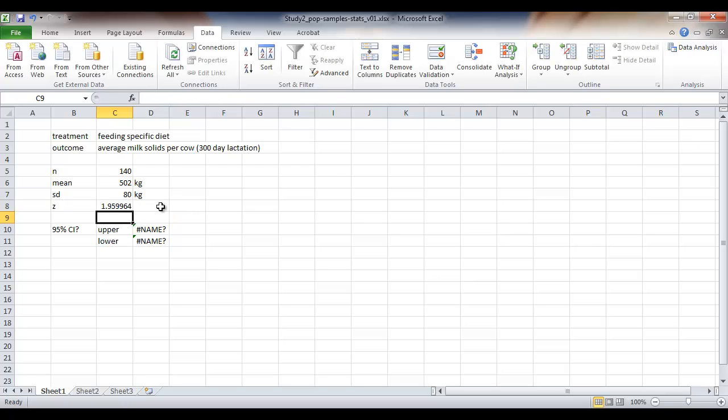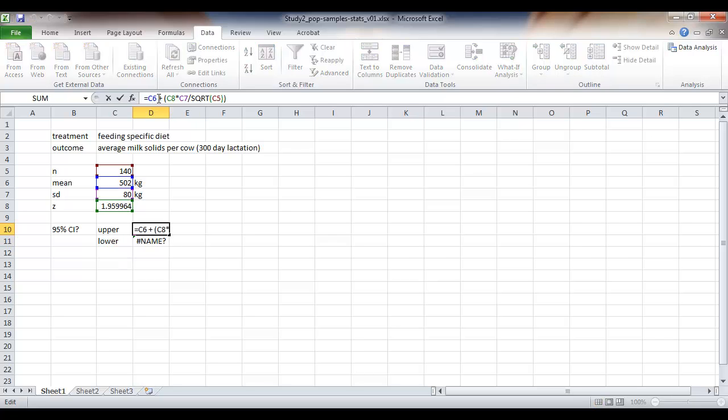And that gives us 1.959964. Often we do use the approximation of 1.96 for the value of z for a 95% confidence interval. Instead of having t here, we can put in the cell reference to that number, and instead of having an x, we're going to use the star, and we've now returned a value.